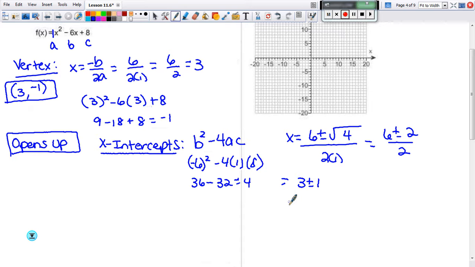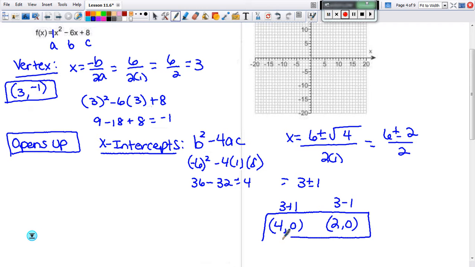So then you split these apart, 3 plus 1 and 3 minus 1. 3 plus 1 is 4, and because they asked you for the intercept, you put that with 0. 3 take away 1 is 2. You also put that with 0. So these are your x-intercepts. Your y-intercept is 0 with the value of c, so 0, 8.